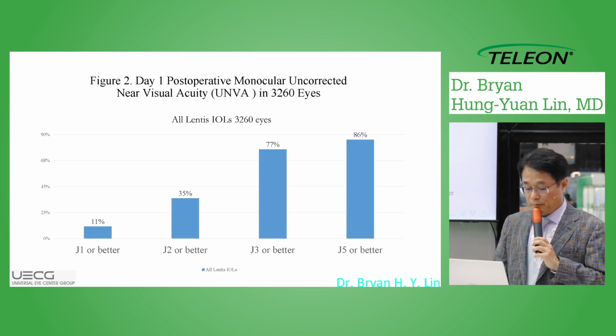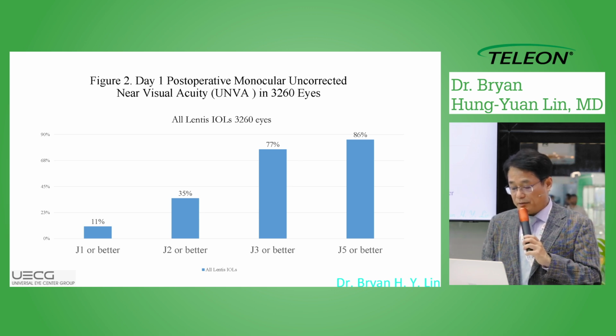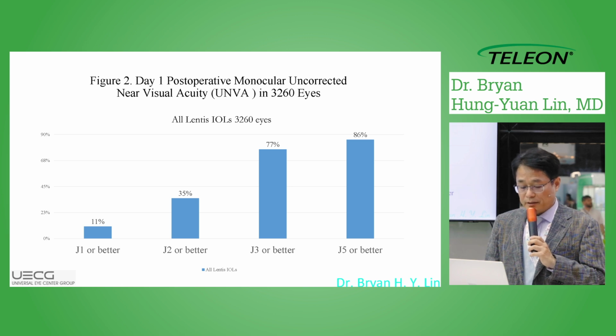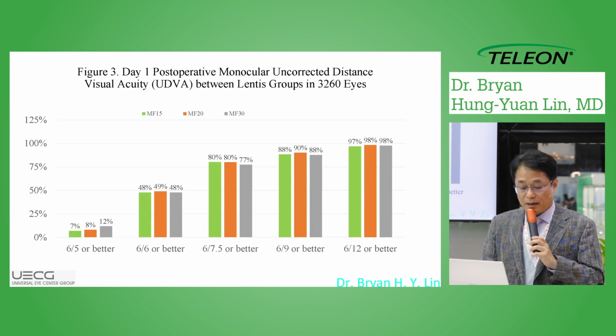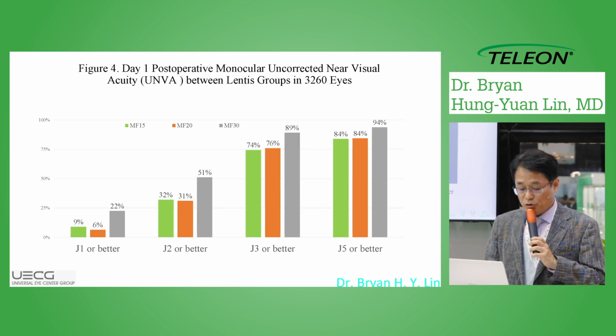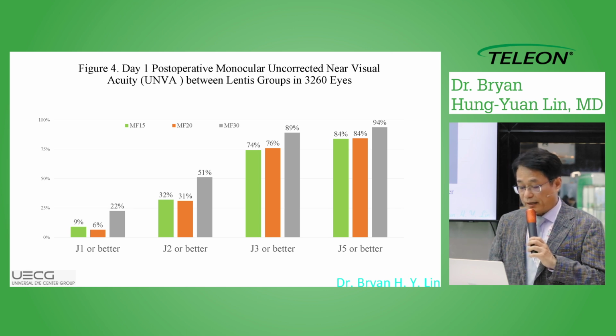The day 1 post-op monocular UMVA for all LENTIS IOLs was better than J1 in 11%, better than J3 in 77%, and better than J5 in 86% of surgical eyes. On post-op day 1, there was no significant difference in UDVA among the 3 groups. This figure shows that the high-add MF30 IOL provided the best post-op UMVA.